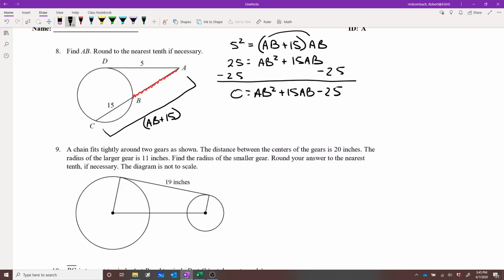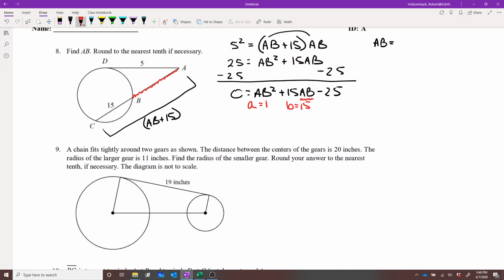So in this case, let's put this in perspective a little bit. What's in front of the AB squared is your A value, so that's a 1. What's in front of the variable is your B value, so that's a 15.